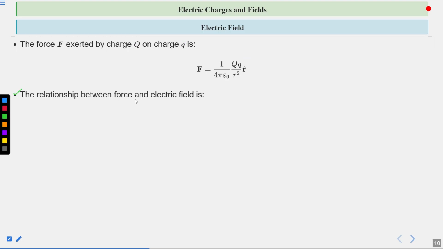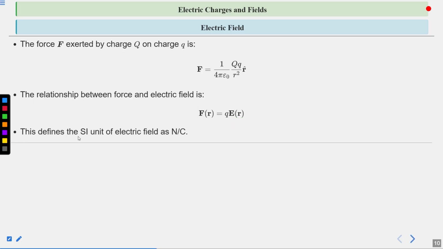The relationship between force F and the electric field E is F of r is equal to q into E of r. So this relation is very important. So remember this point.